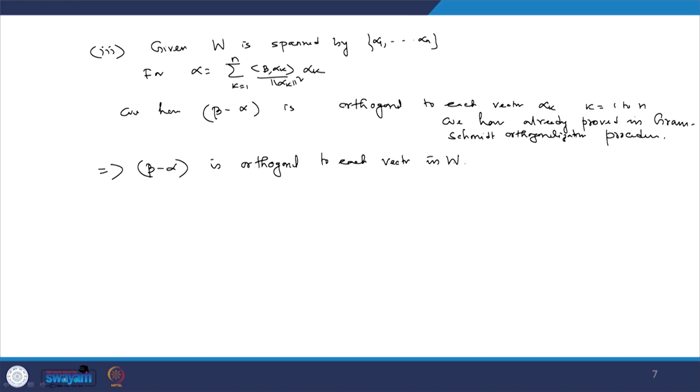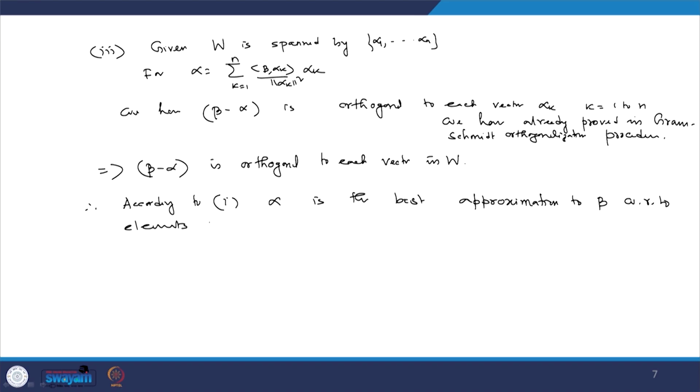So, according to our first result, alpha is the best approximation to beta with respect to elements of W.